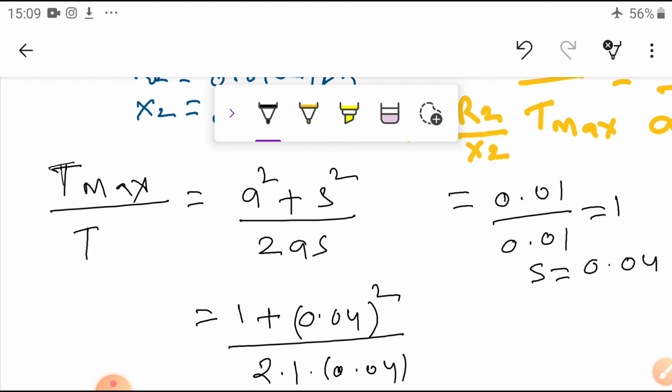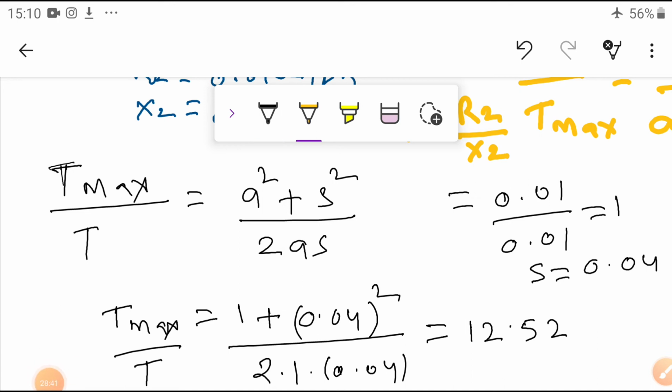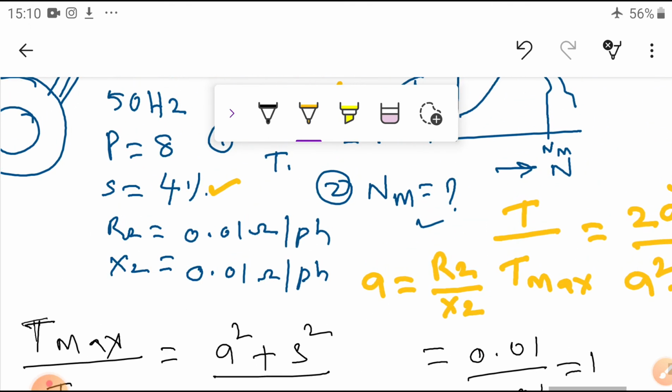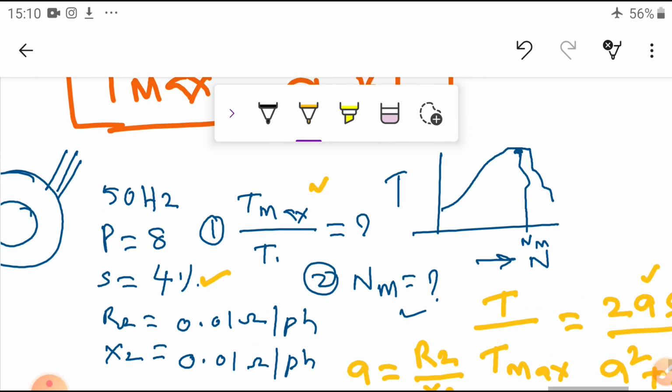By simplifying this, I am going to get nearly 12.52. This is the value asked, T max by T full load. So this is the answer. We got it, that part is over. It is a simple substitution equation. Everything is known.